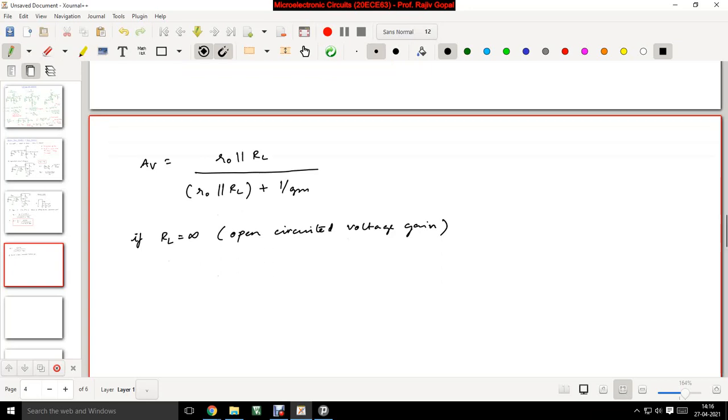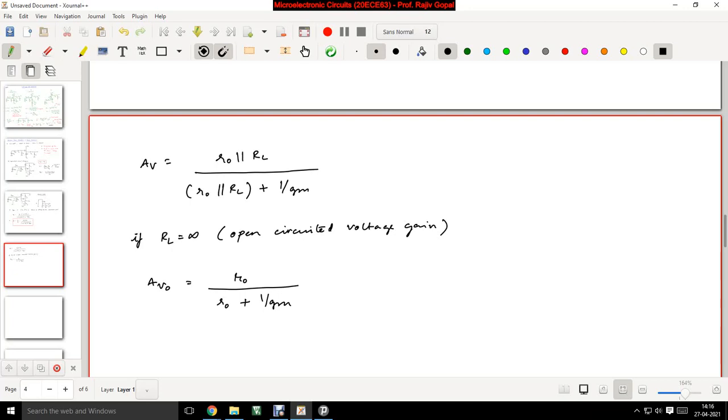Then AV naught will be simply R naught divided by R naught plus 1 by Gm. It is simple, because RL is infinite, so R naught parallel RL will become R naught anyway, right?